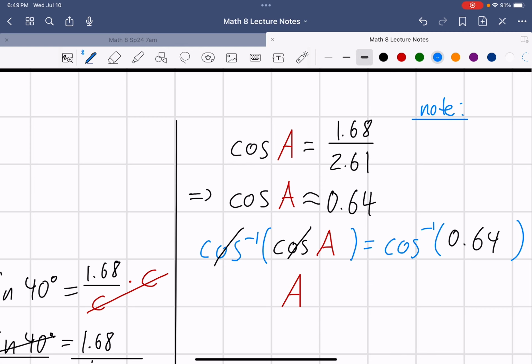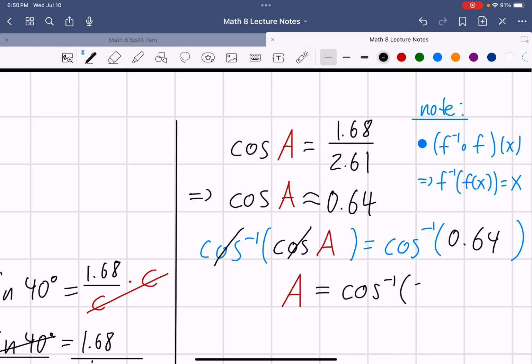Some of you might remember it as f inverse of f of x, which is equal to just the argument. Now that gives us cosine inverse of 0.64.